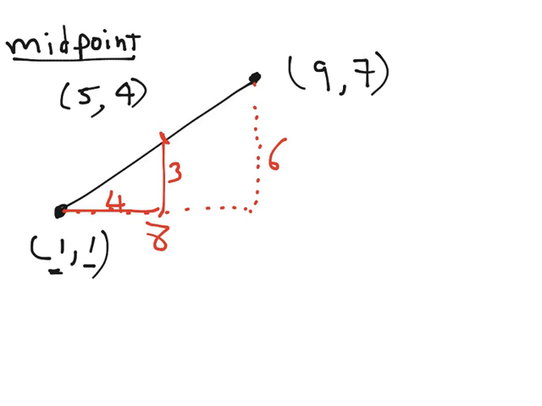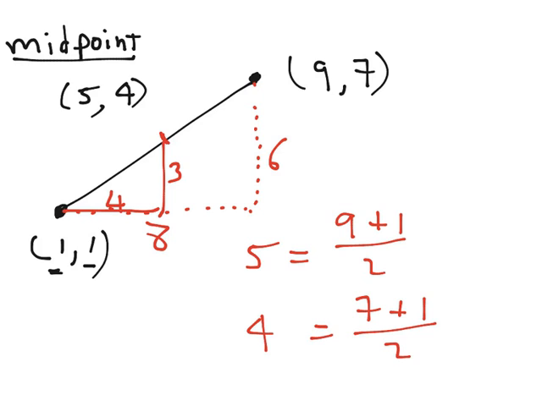What we want to notice for the formula is that the 5 is equal to the average of the two x coordinates, 9 plus 1 over 2, and the 4 is what you get when you average the two y coordinates, 7 plus 1 over 2. So when we look at the formula, this is what we're going to be writing down in mathematical terms.